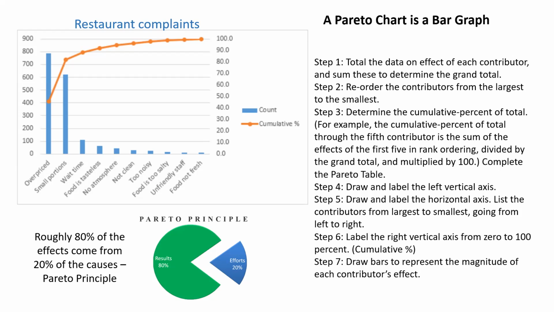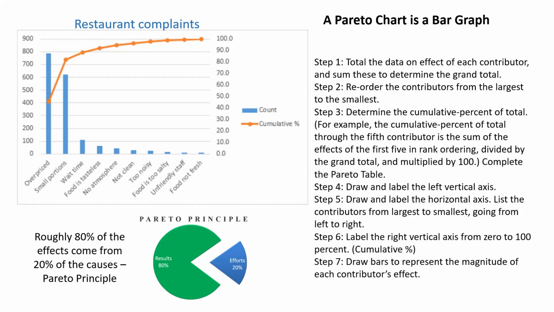Looking at this, it makes sense for the restaurant, because they have to address this issue very quickly. Otherwise, they lose more sales. So they will focus on reviewing their prices and their portions, and once they get that improved, they will slowly look into the other complaints later, about things which are not too clean, too noisy, or food not too fresh.